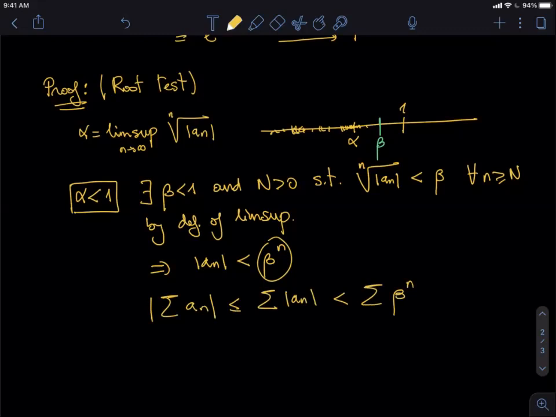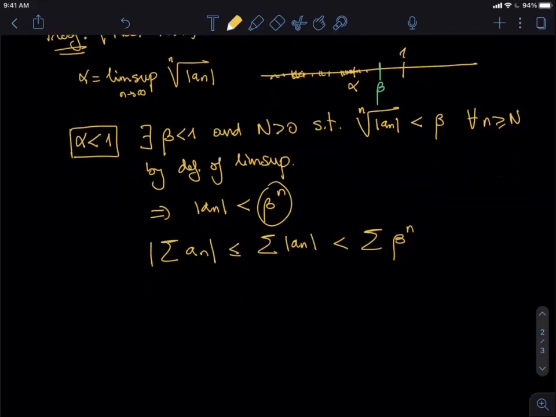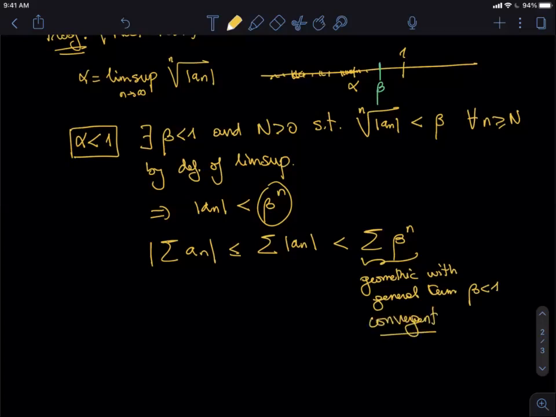Okay, so we can compare our original series with the geometric series with general term beta less than 1. Okay, because it's less than 1, we know it's convergent. And by comparison, the original series is convergent too.